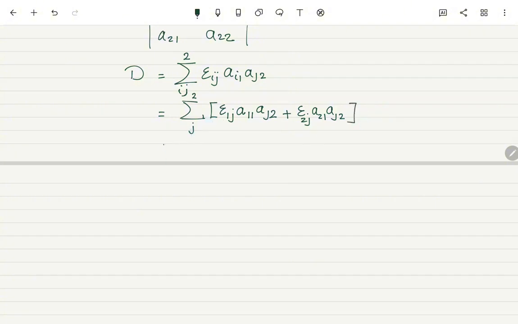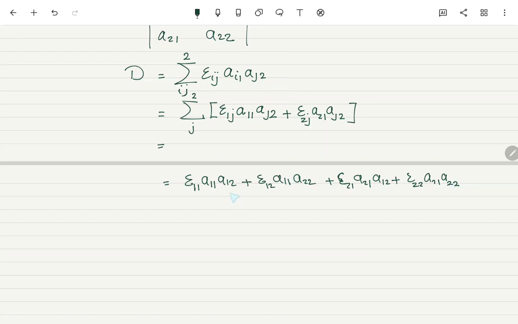You will get epsilon 11, a 11, a 12, plus epsilon 12, a 11, a 22, plus epsilon 21, a 21, a 12, plus epsilon 22, a 21, a 22.